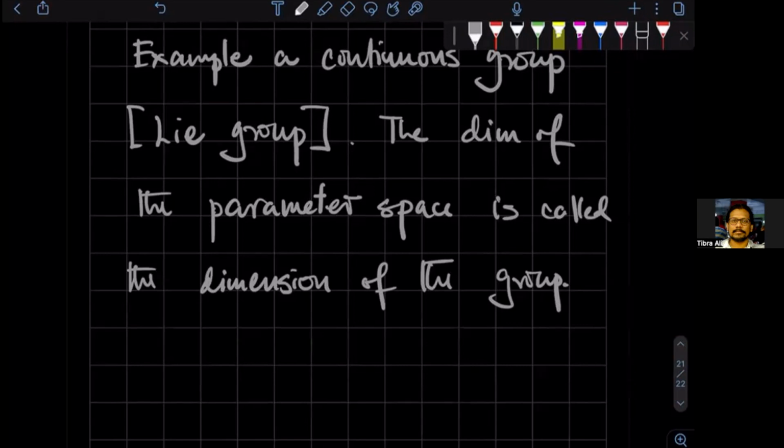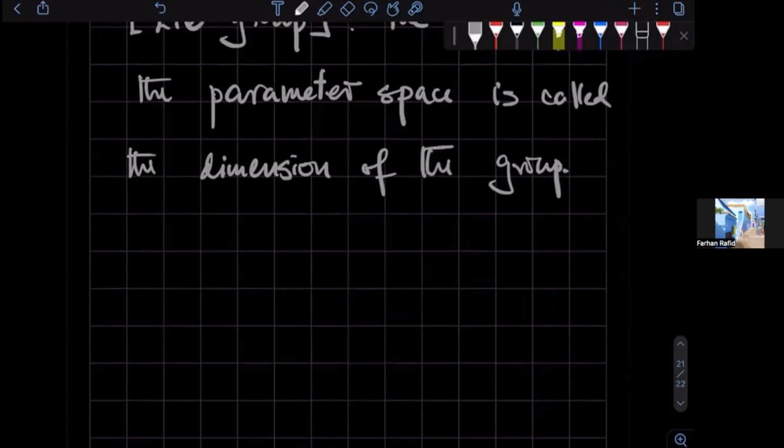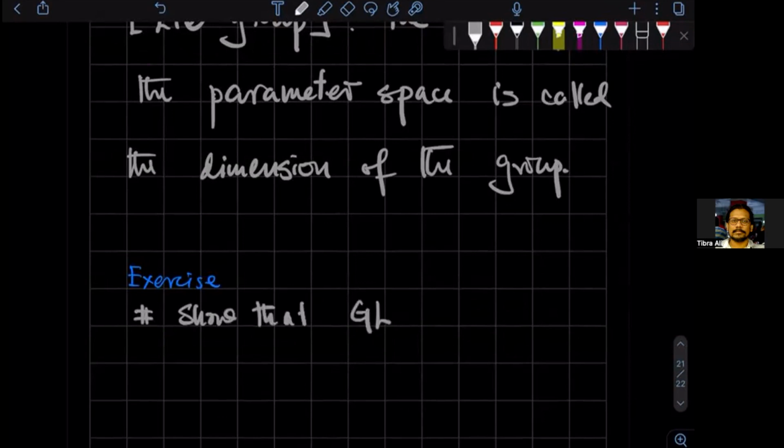Okay, so the exercise is, now show that GLnC, where C are, these are the n by n matrices with complex entries and non-zero determinant, form a group.